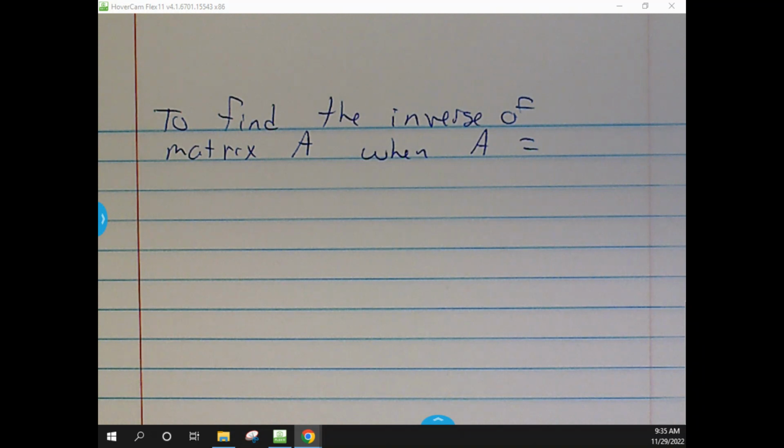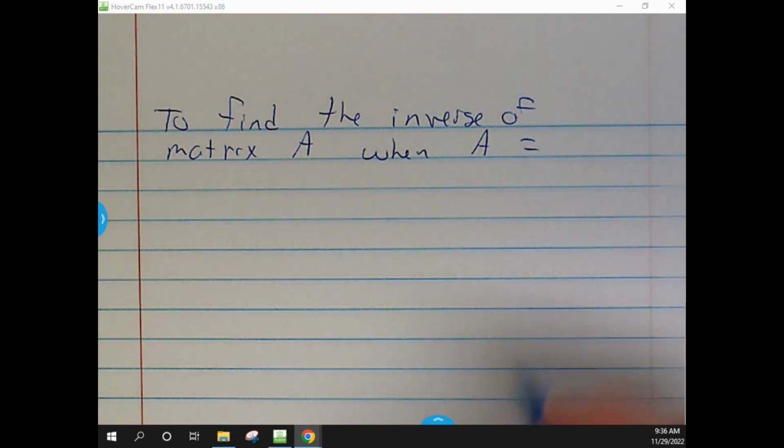As far as finding the inverse, we may just stick with 2x2s because 3x3s get really complicated. So I may just ask you to find the determinant of a 3x3 matrix, like we did back there. Actually finding the inverse, we'll probably just stick to a 2x2 because it gets pretty complicated with 3x3s.